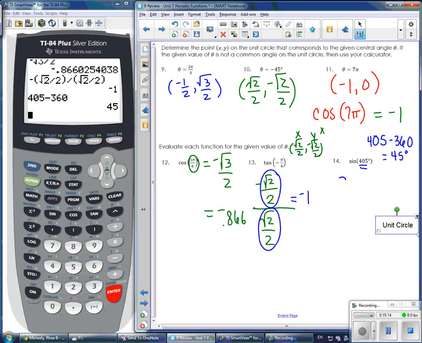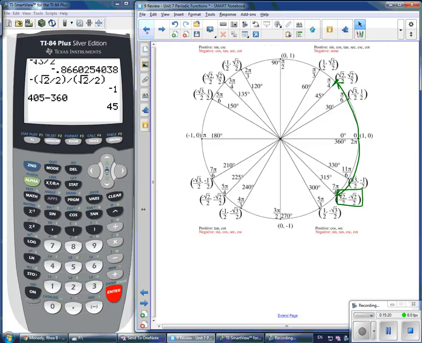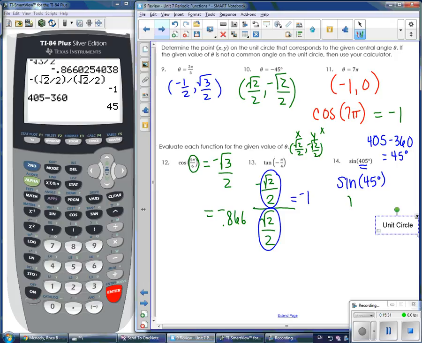Really, what I'm trying to do is find the sine of 45 degrees, and that's just the y value of 45 degrees. So if we go back to our unit circle, here's my 45 degrees. If I'm asked to find the sine, that means I'm looking for the y coordinate of that point, which is the square root of 2 over 2. And that's how you would evaluate those functions.